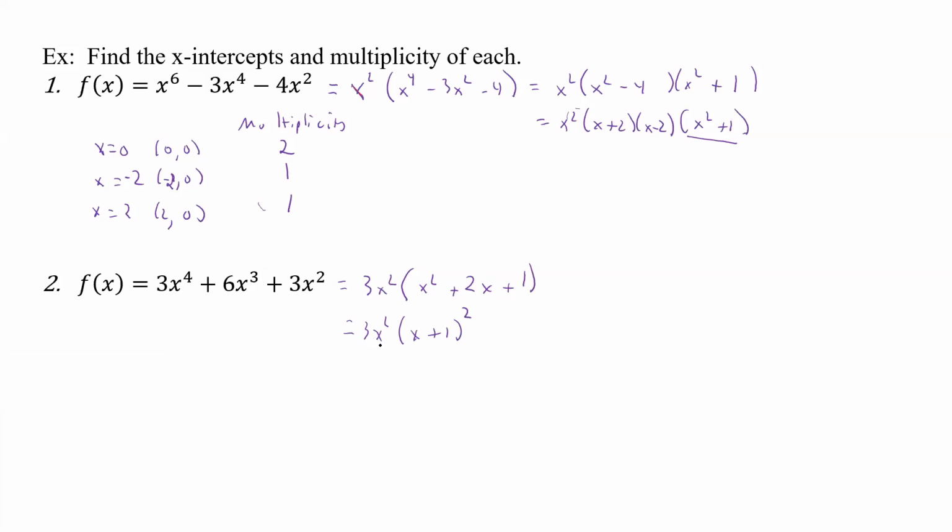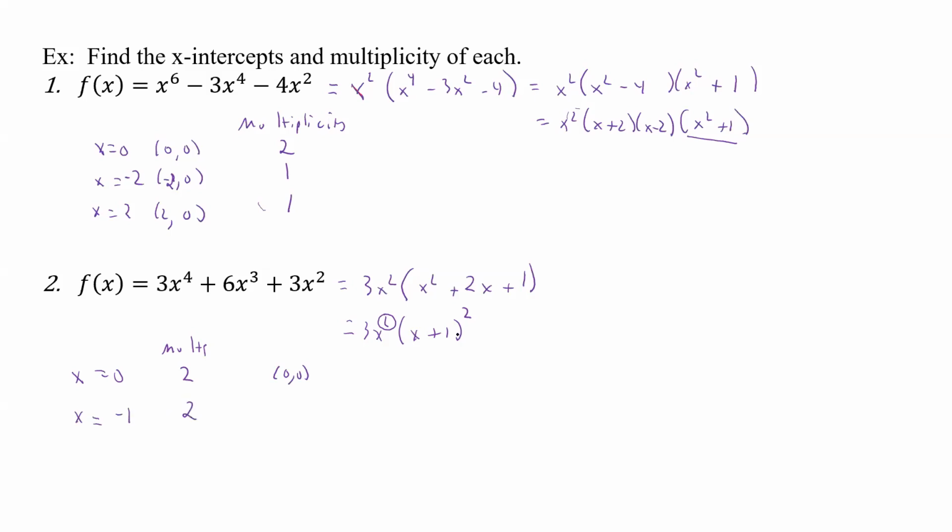So now we've got two factors, and that means we have x equals 0, and the multiplicity is going to be 2 because we have a factor of 2 here. If we wanted to write it out, that would be 0, 0. And this is going to be x equals minus 1.